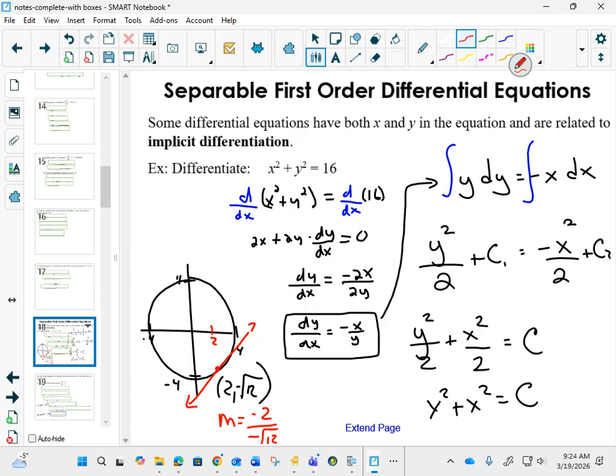But I just found the slope of that line on the circle at that point, using my implicit differentiation, sort of connecting all the ideas that we've had up till now together. Now we can have crazy shapes, still find slopes of tangents.